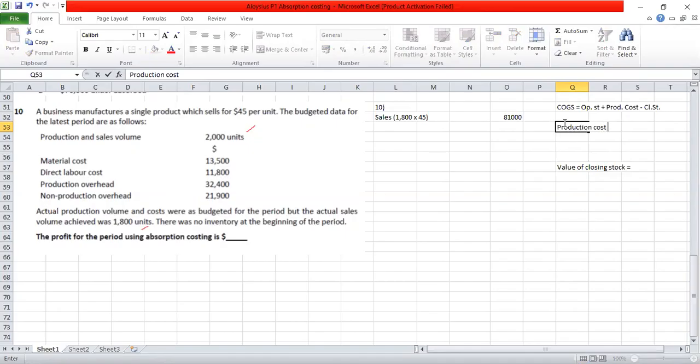Production cost is equal to 13,500 plus 11,800 plus 32,400 plus 21,900.